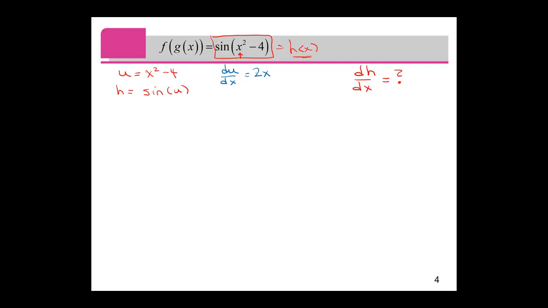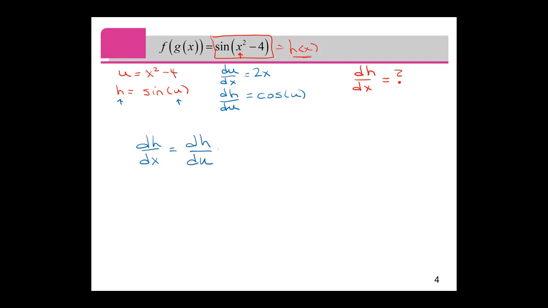Okay, everybody? And then for h, I can say the derivative of h with respect to u, because h is the dependent variable and u is the independent variable, is equal to the cosine of u. All right. Now, I want to know what dh dx is, and I have dh du.